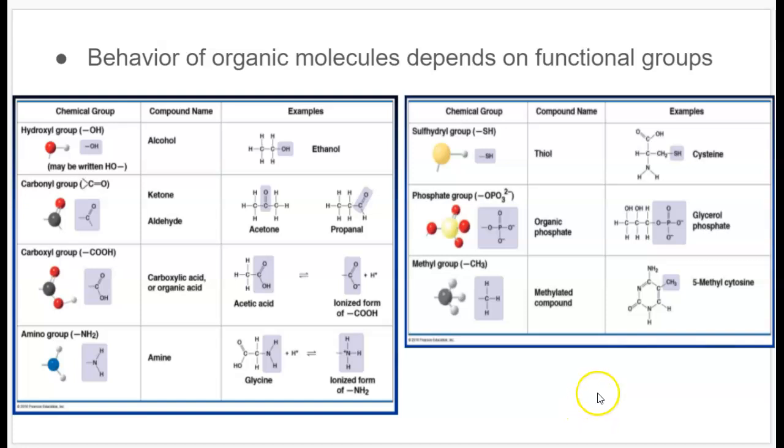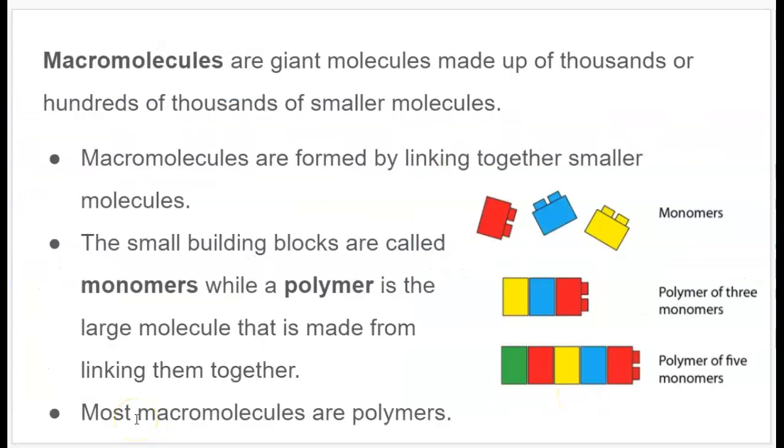So do you really have to memorize functional groups? No, you don't. But it's helpful to know and recognize them, and just know, again, that they're going to give certain characteristics. Okay. All right, so moving on to talking about macromolecules now. We need to remember that macromolecules are really big molecules that are made up of thousands or hundreds of thousands of smaller molecules.